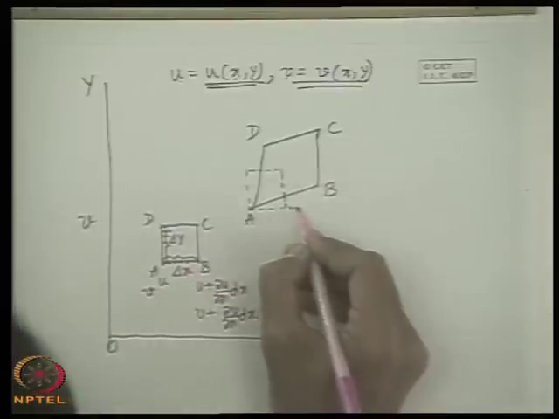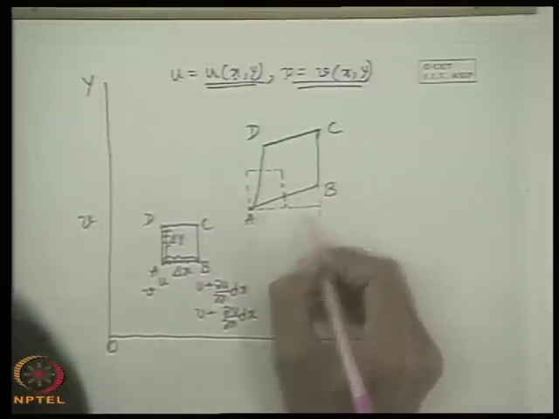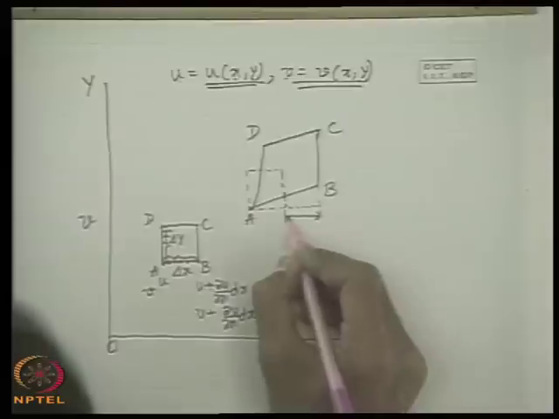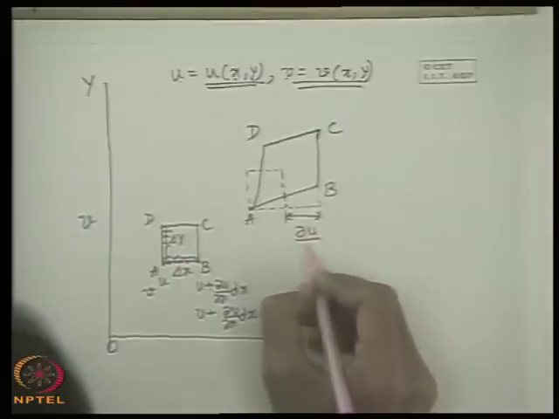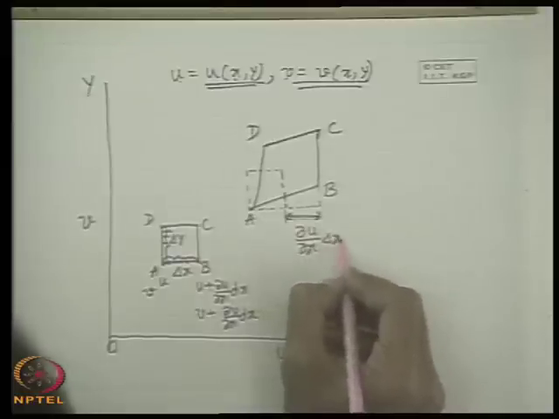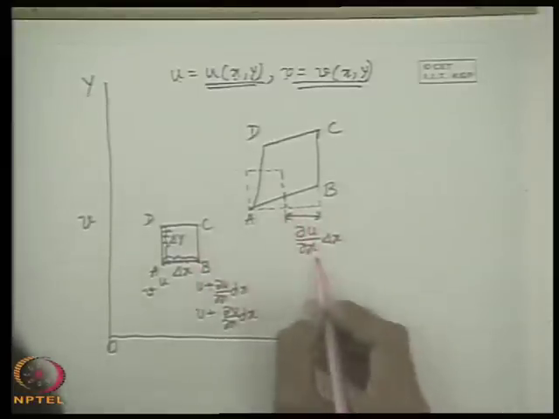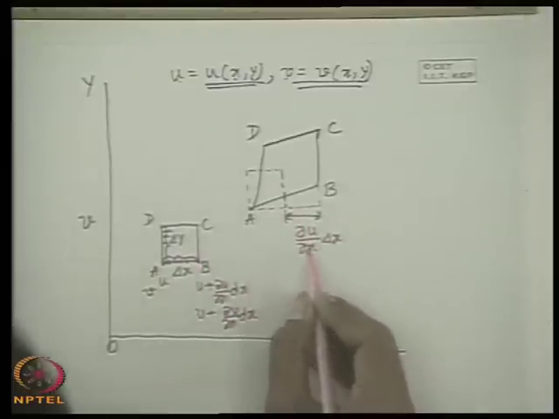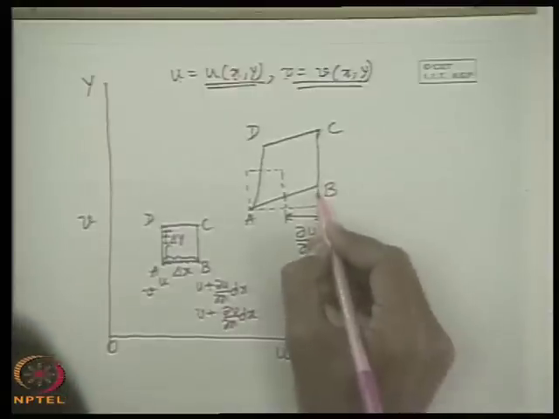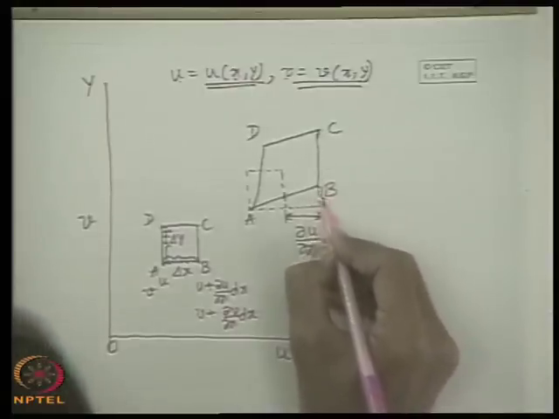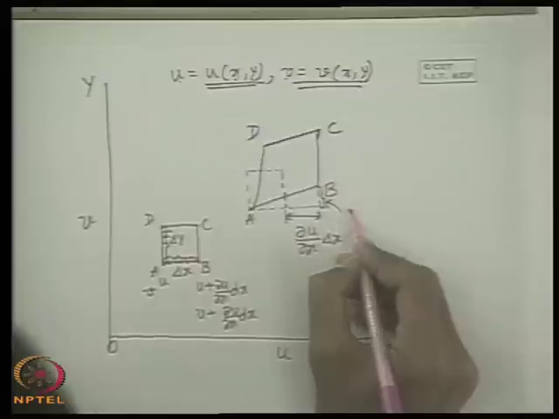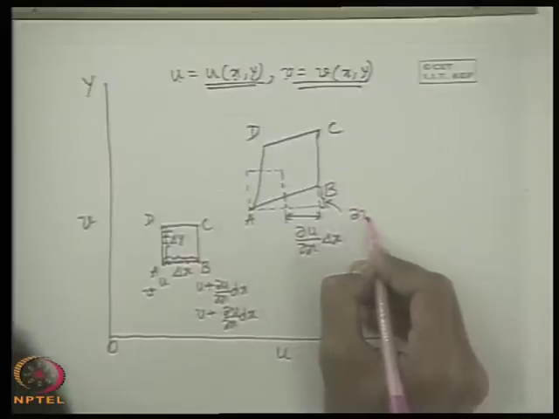Now obviously from our discussion we can tell that this is del u del x, the linear elongation in the x direction. So this point B has a relative displacement over A in x direction, this one. So what is this one? Please tell me what is this one? Del v del x delta x.